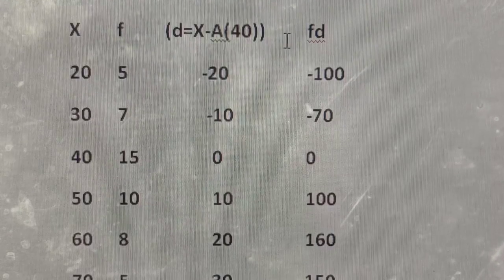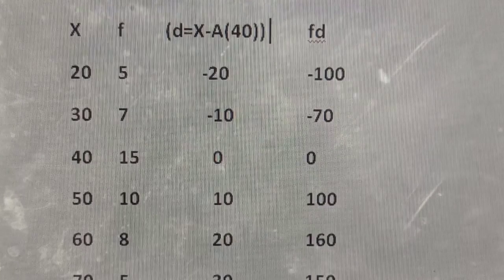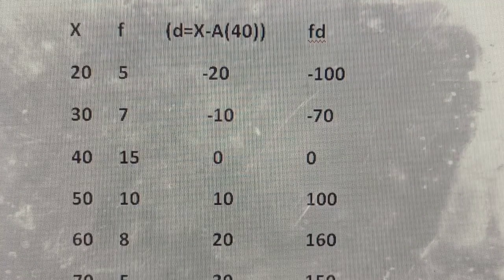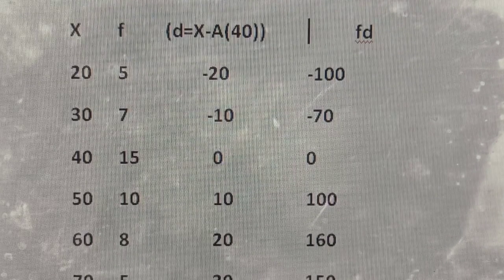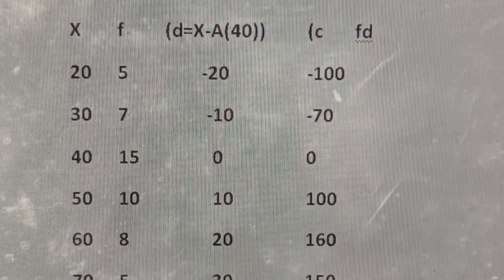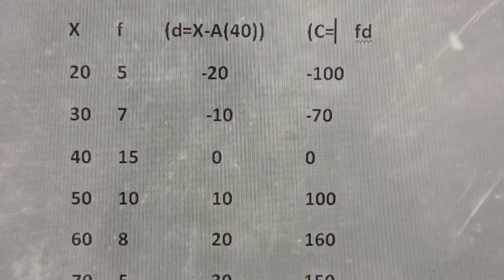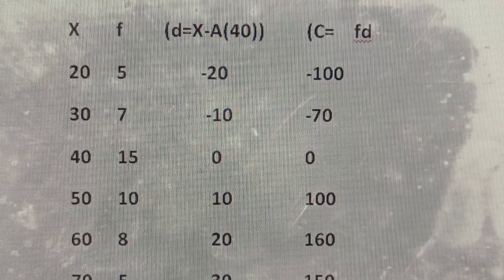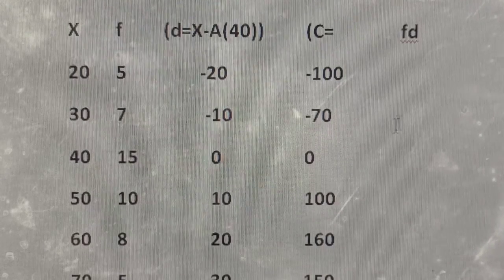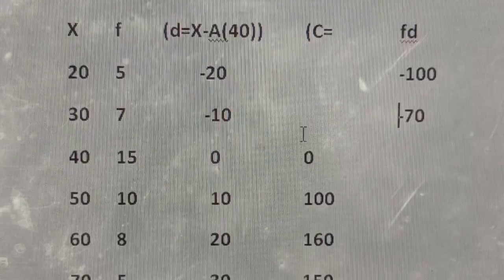Okay, so in step deviation, as you have done before, you have to find c. C is the common factor. C will be known through the common factor. What is the common factor here?